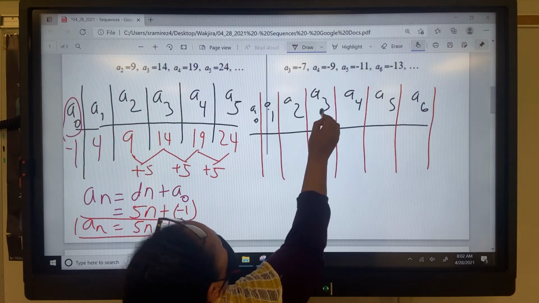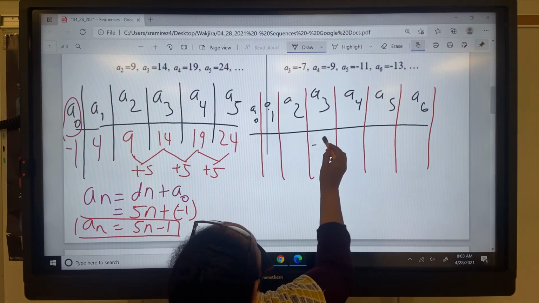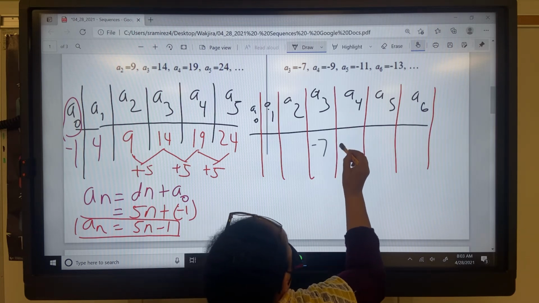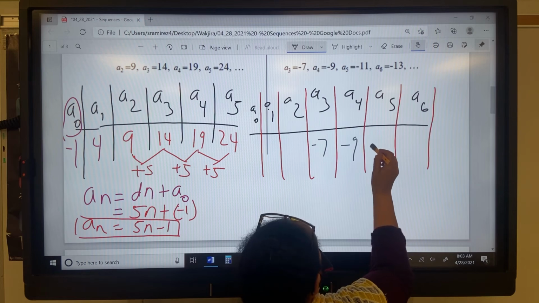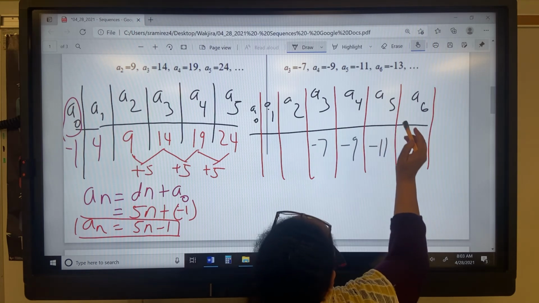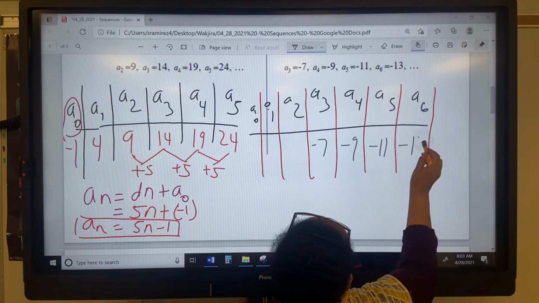A sub 3 is given, that is minus 7, A sub 4 is minus 9, A sub 5 is minus 11, A sub 6 is minus 13.